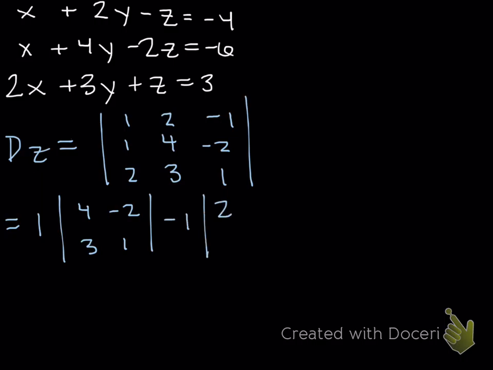Change the sign. 2, -1, 3, 1. Keep the sign. 2, -1, 4, -2. Actually, I just realized I totally messed up. We need to put these in the Z spot. Sorry for that.